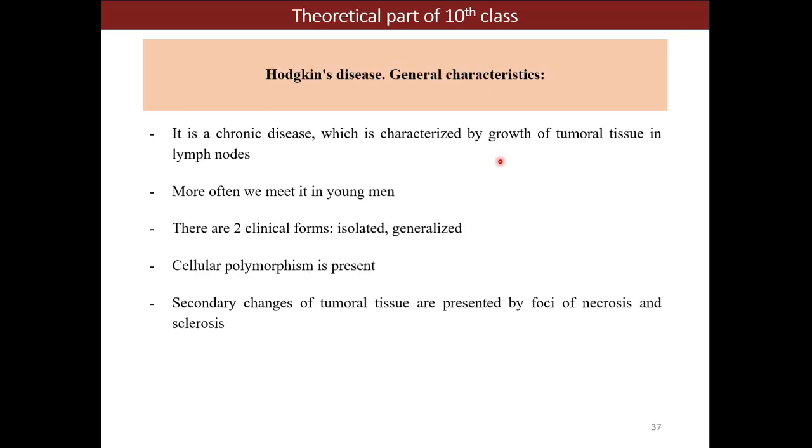Hodgkin disease is a chronic disease characterized by growth of tumoral tissue in the lymph nodes. More often we meet it in young men. There are two clinical forms, isolated and generalized. Cellular polymorphism is present. Secondary changes of tumoral tissue are present, with foci of necrosis and sclerosis.